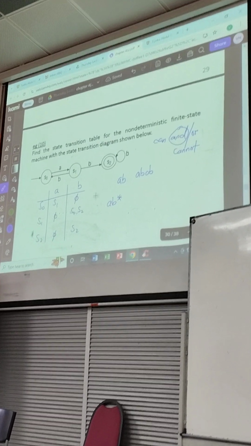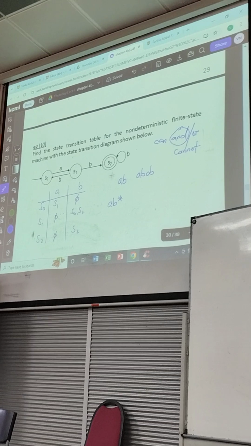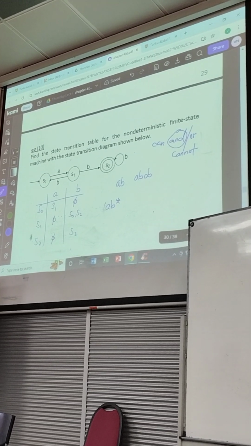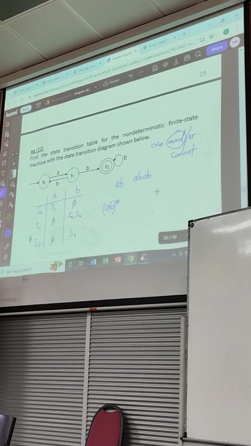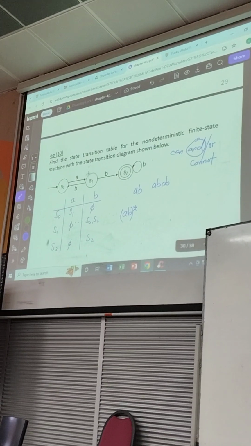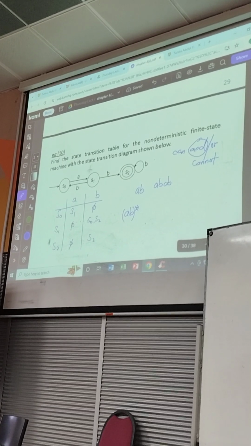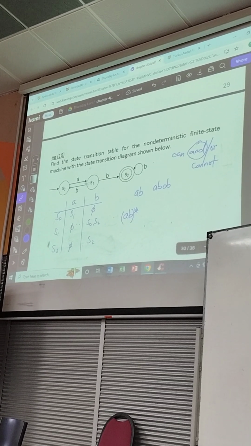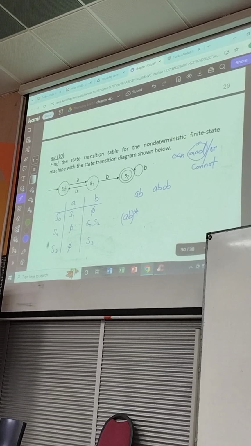Okay. So how to write? Put the bracket, parentheses here, then asterisk, isn't it? Then after that? B first. You repeat the AB.